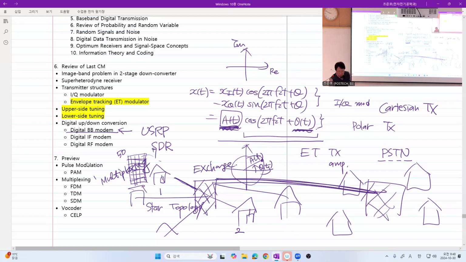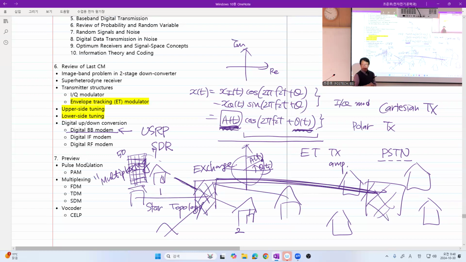Multiplexing, the term, is used in some sub-area of electrical engineering, like digital systems, with a different meaning. But here, multiplexing means that you put a lot of different signals into a single wire or single transmission medium.